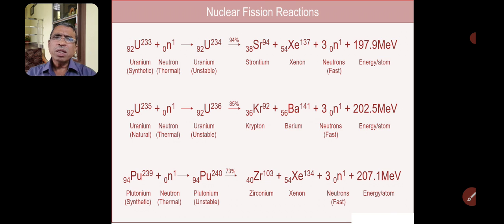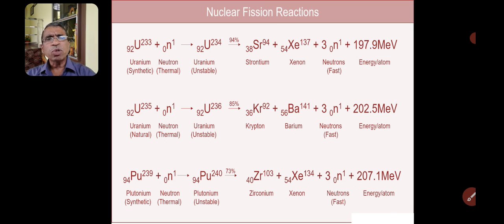Coming to the third one, plutonium-239, which is also artificially or synthetically produced from uranium-238, which exists in large quantity. When uranium-238 is bombarded with a neutron, we get plutonium-239.